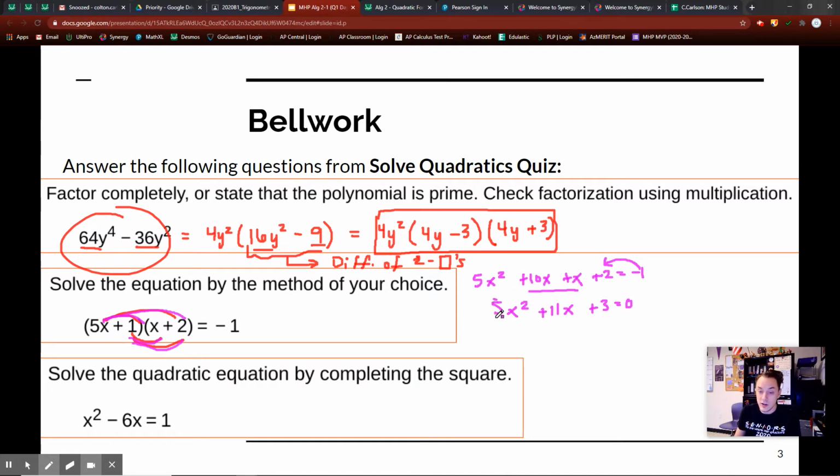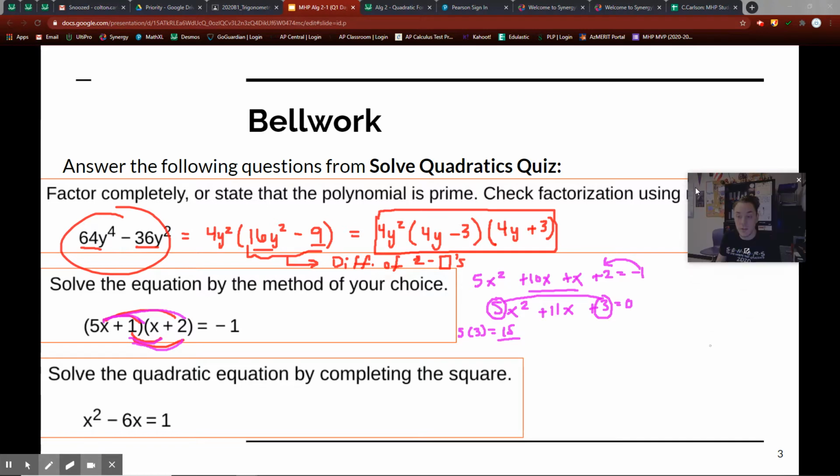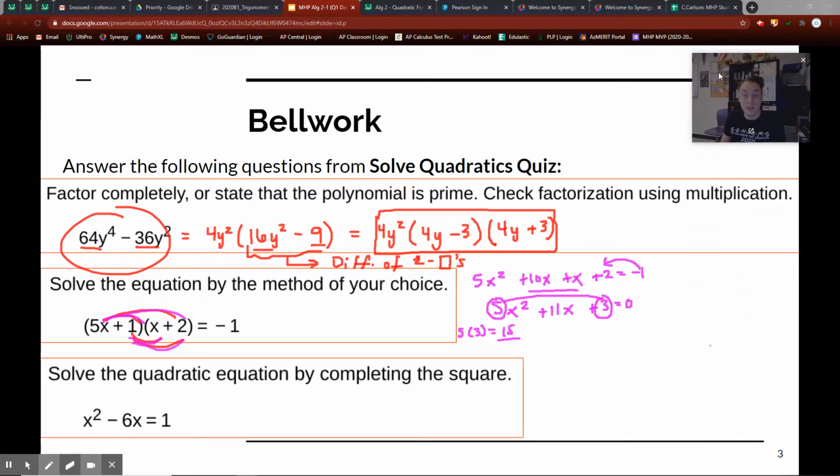The divide and slide says I'm going to circle the first and last numbers. 5 times 3 gives me 15. What are factors of 15 that add up to 11? If there are no factors of 15 that add up to 11, then I cannot factor it, which means I would have to use either the quadratic formula or completing the square.